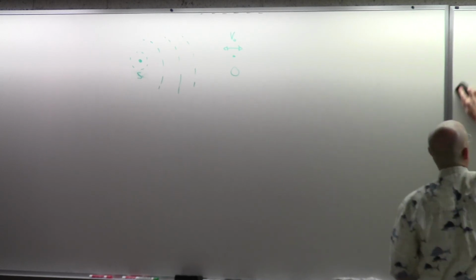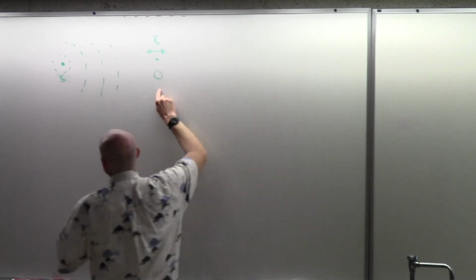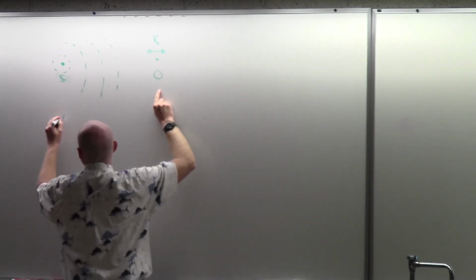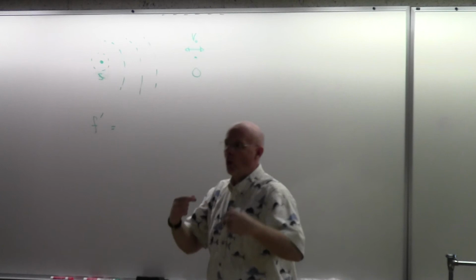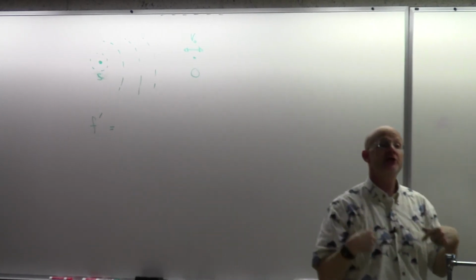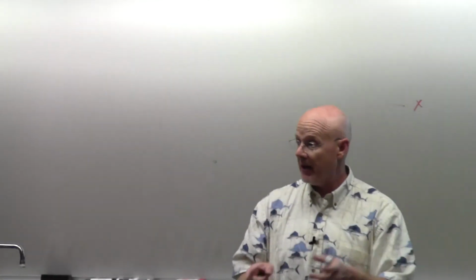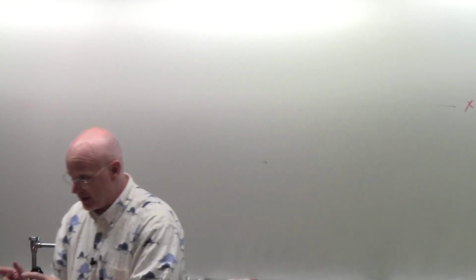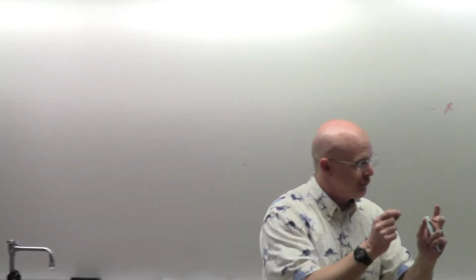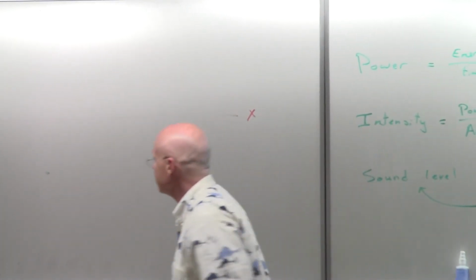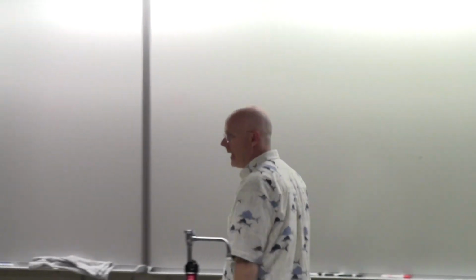And if my observer is moving, it may move towards me or away from me, asking the question of what frequency would I perceive the observer. I'm going to put an F prime. Now, please don't mean derivative. That's not what I mean by F prime. F prime means just some other frequency. Some frequency that's not the real frequency. It's the observed frequency.